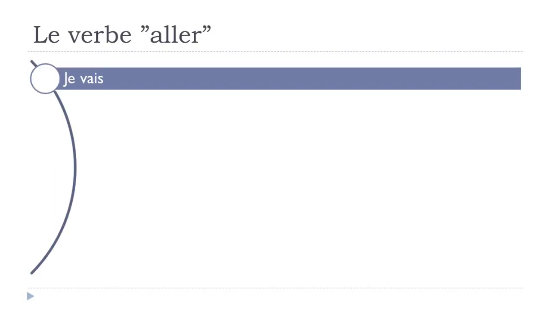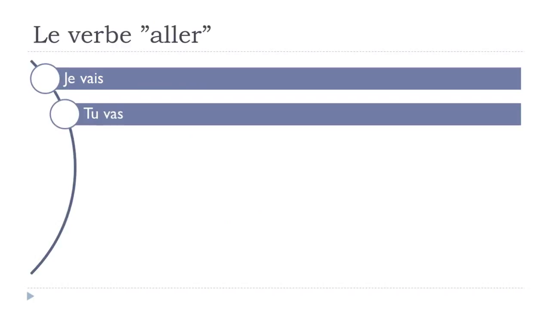The first form is je vais. Remember, final s not pronounced here. When you combine this a, i, you get the sound e, really open. Je vais. D'accord? Tu vas. Final s doesn't exist.